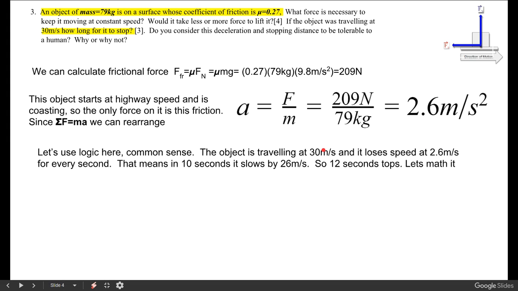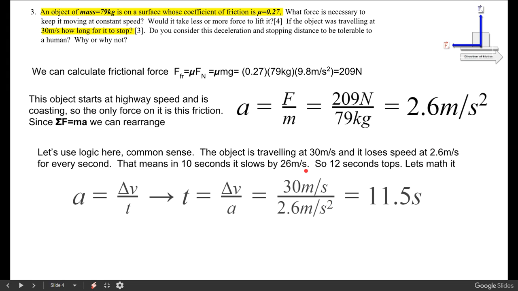So if in 10 seconds it goes from 30 all the way down to 4, like we're looking at 12 seconds tops. And so your math should agree with you. If you flipped it by mistake, you would have got 0.01 seconds. If you'd multiplied, you would have got over a minute. But a casual examination of these two numbers, you're only in the 10 to 12 second ballpark and you've come to a halt.